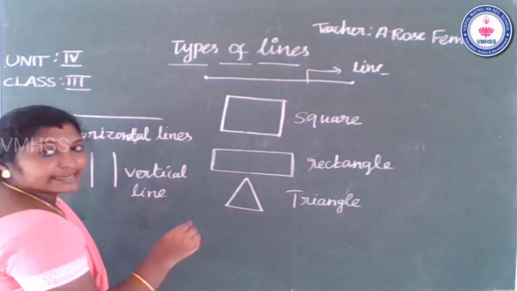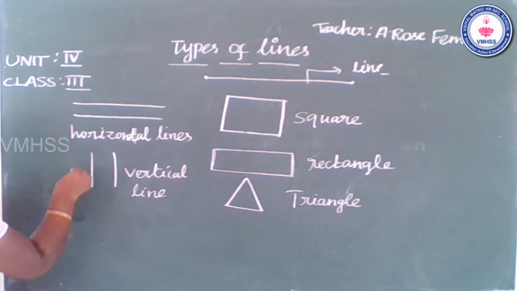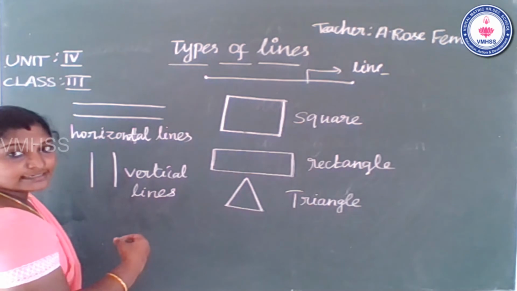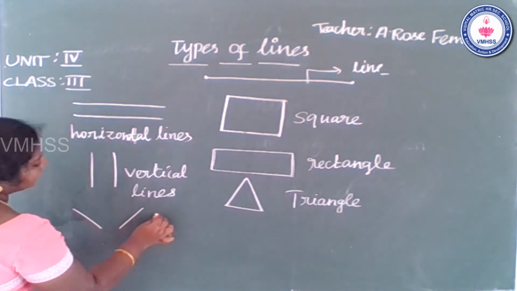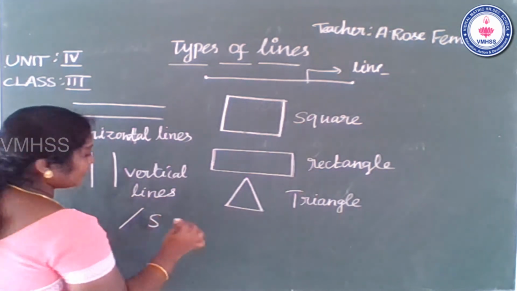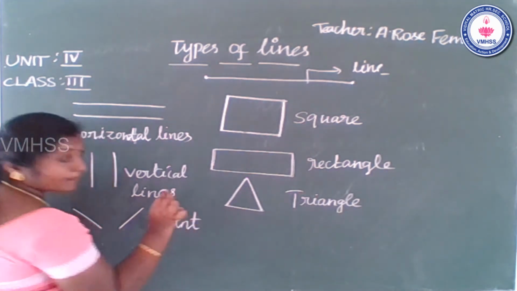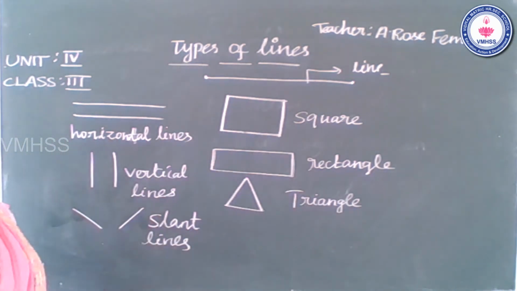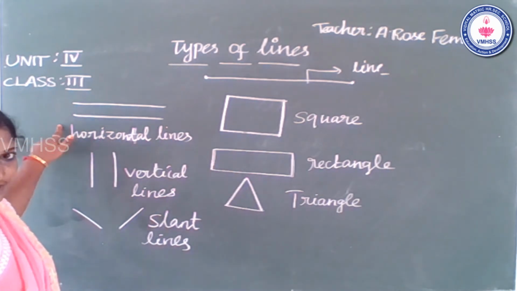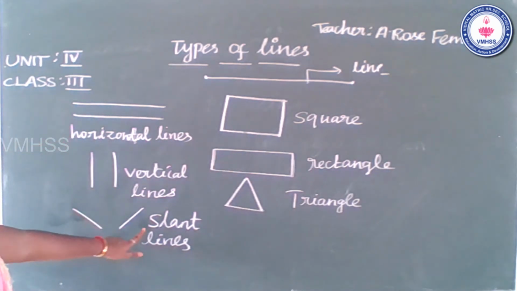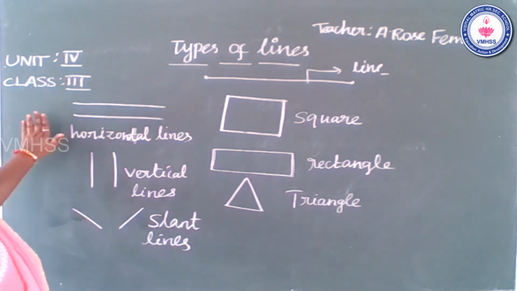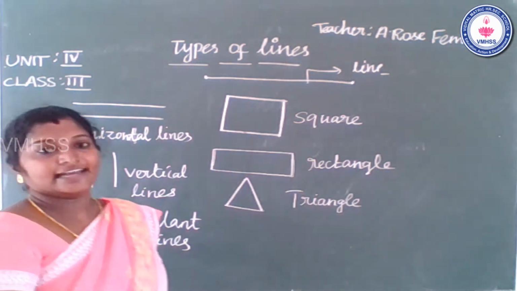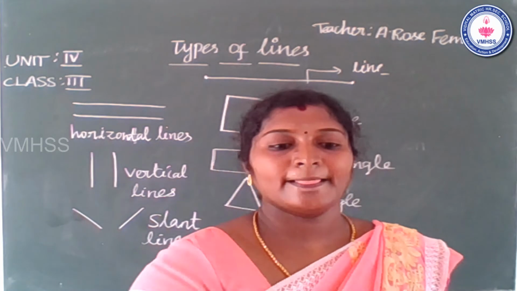This is a horizontal line and this one is a vertical line. Then this is a slant or sleeping line. This is horizontal lines, vertical lines, and slant lines. Once again, horizontal lines, vertical lines, and slant lines. See the next slide.